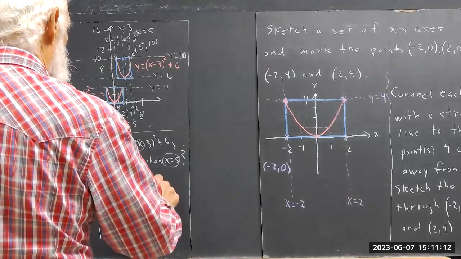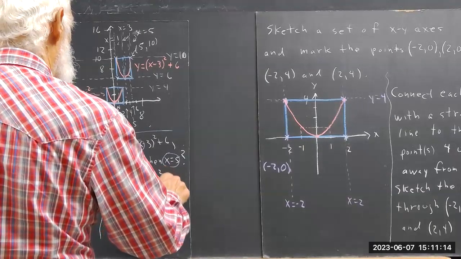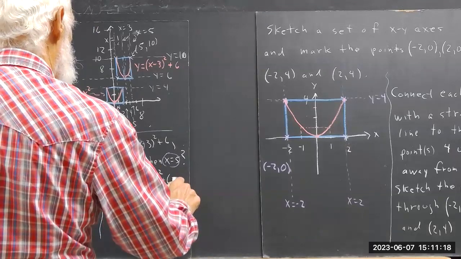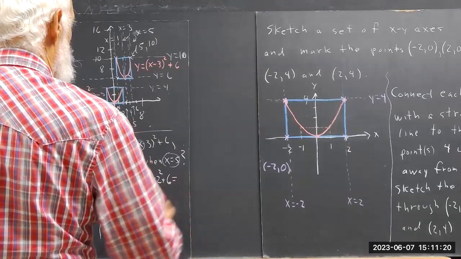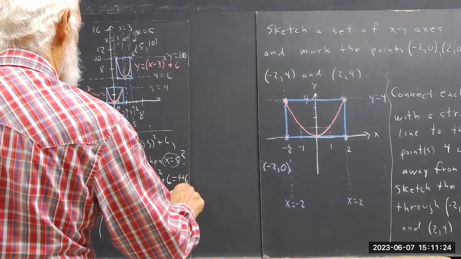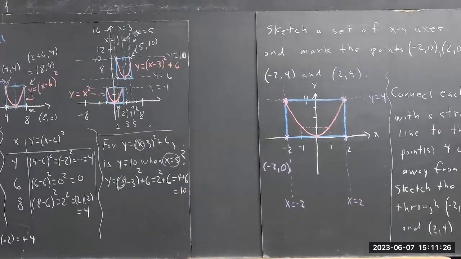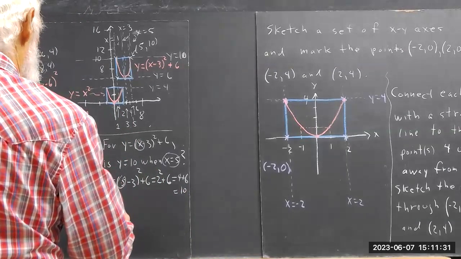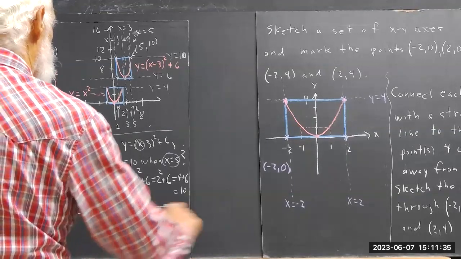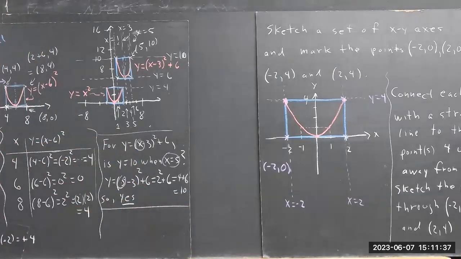Well, 5 minus 3 is 2, and that gives us 4 plus 6, which is 10. So yes, y equals 10 when x equals 5.